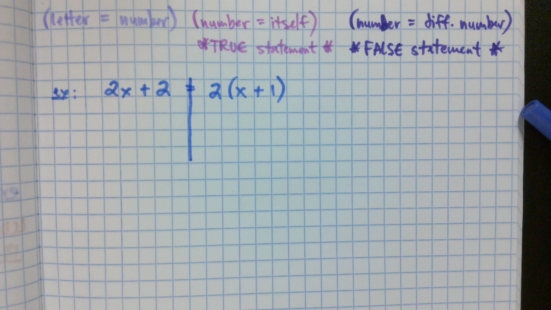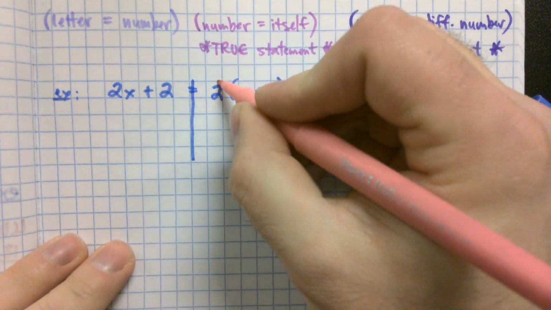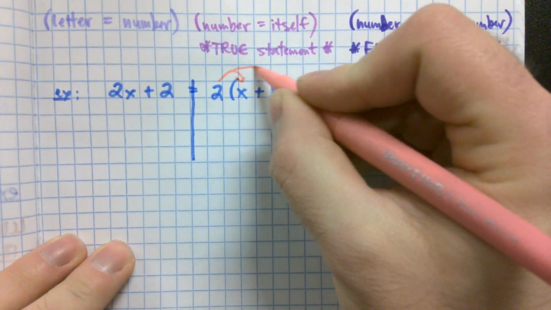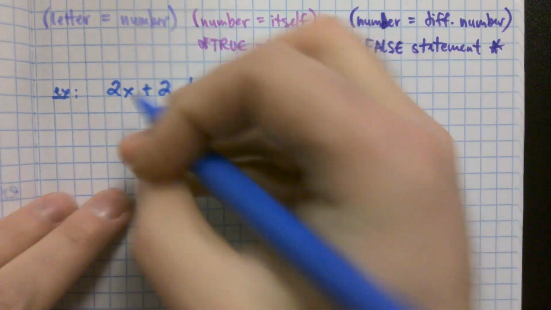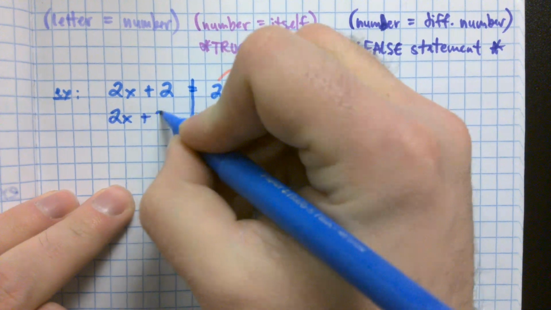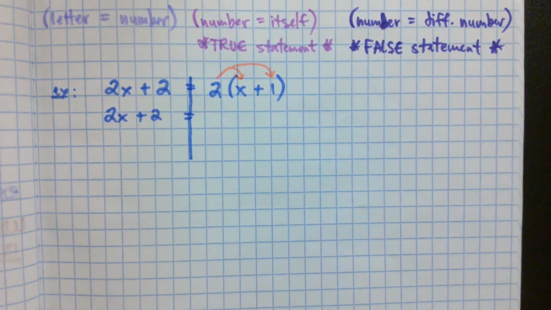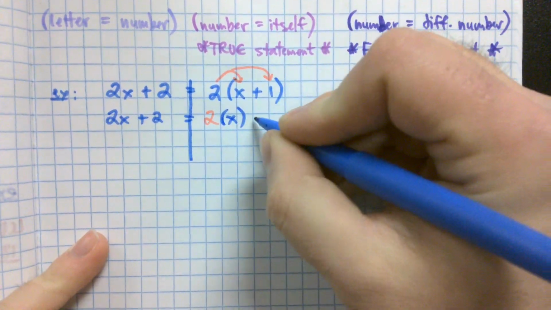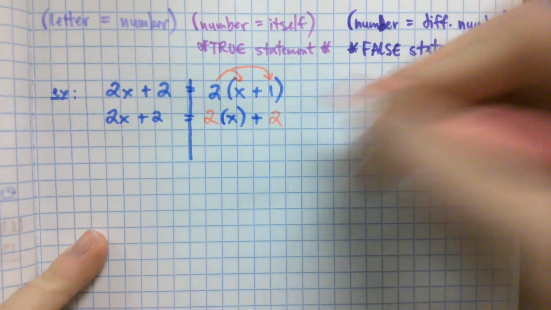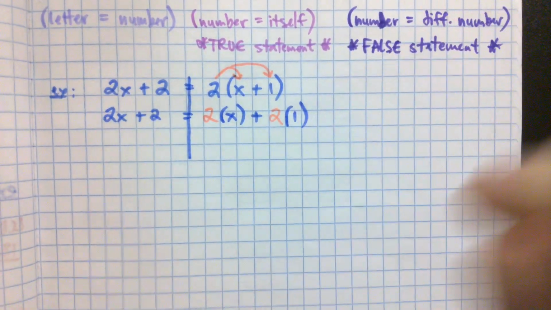What number am I going to distribute here? The 2. Again, remember the distributive property. I'm going to distribute this 2 to the x and to the 1. So my left side stays the same, 2x plus 2 equals, now I've got 2 times x plus 2 times 1.